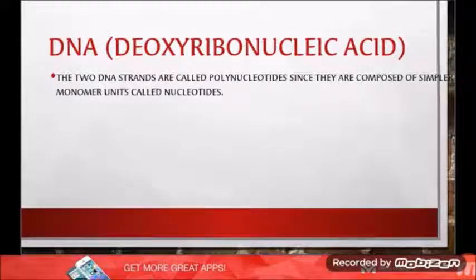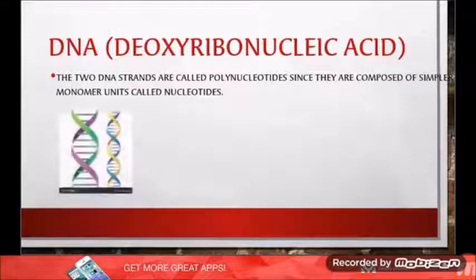The two DNA strands are called polynucleotides since they are composed of simple monomer units called nucleotides.